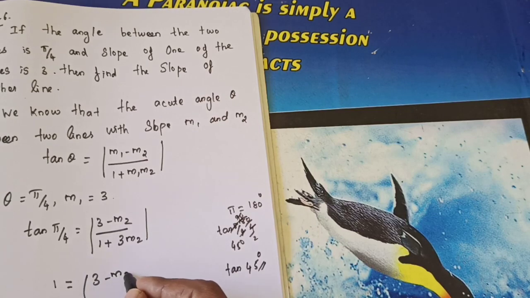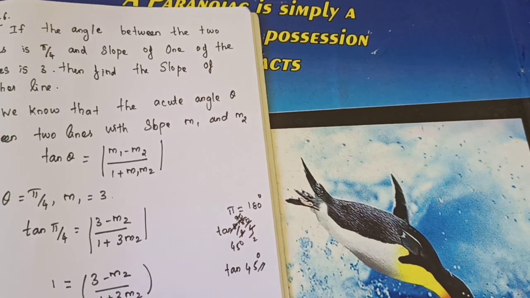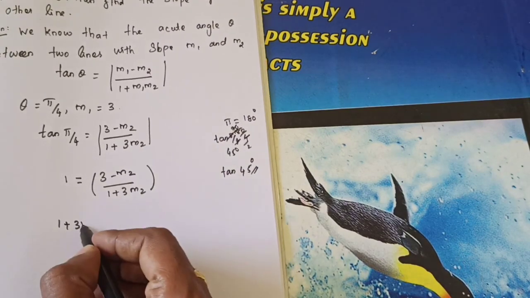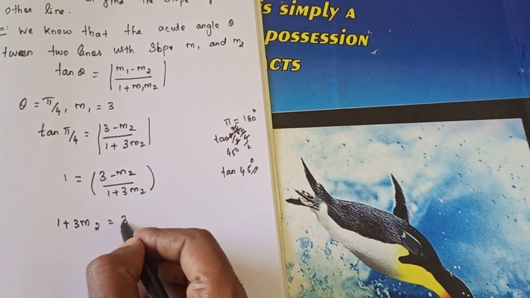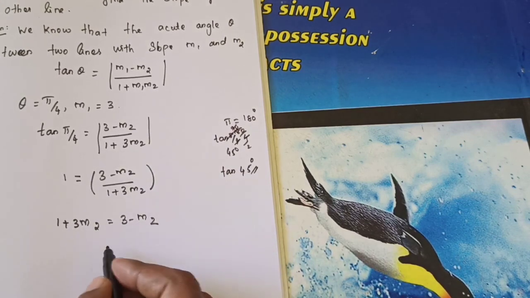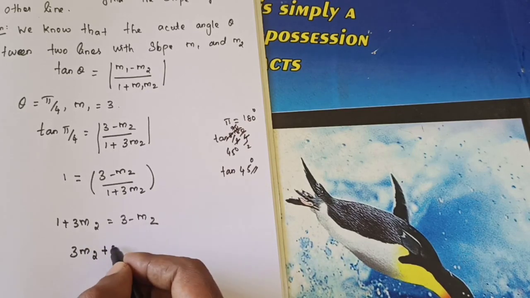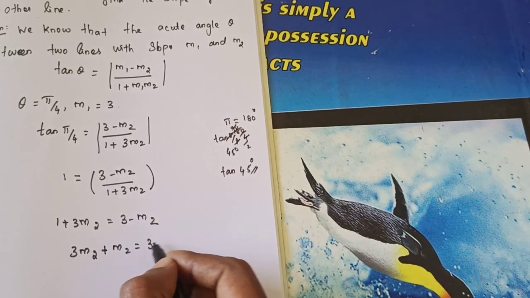So (3 minus m2) divided by (1 plus 3m2). You can take it outside of the modulus and cross multiply. So what will happen? 1 plus 3m2 equal to 3 minus m2. Bring all the terms to one side. That is 3m2 plus m2 equal to 3 minus 1.